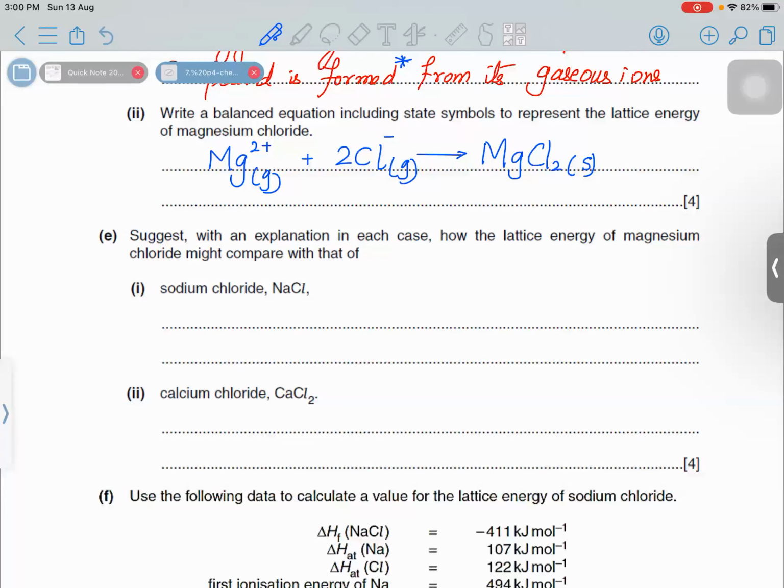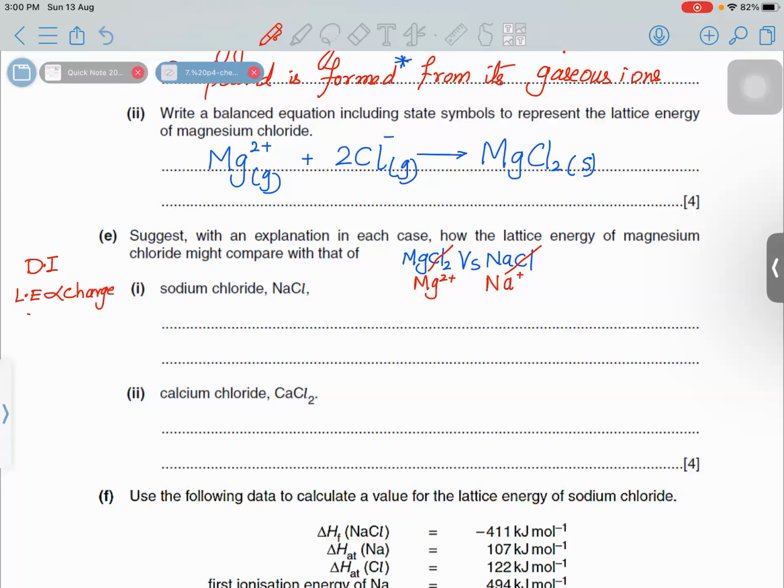Which ion is cancelled out? The chloride ion. Now you have magnesium 2+ and Na+ 1. Always remember: lattice energy is directly proportional to charge.